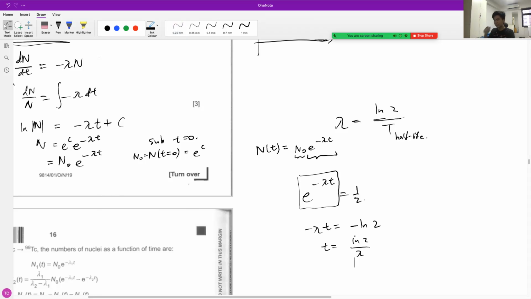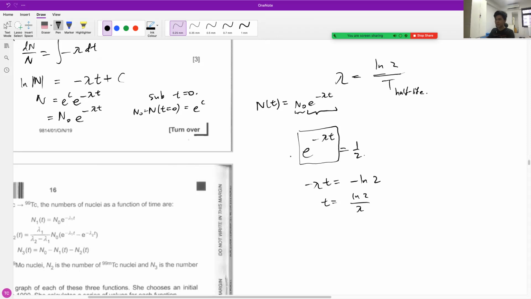Okay, and looking from this equation, we know that the time at which n naught, your initial population, has become n naught over 2, the time that has elapsed for the initial population to fall to half of the original, is equal to ln 2 over lambda.